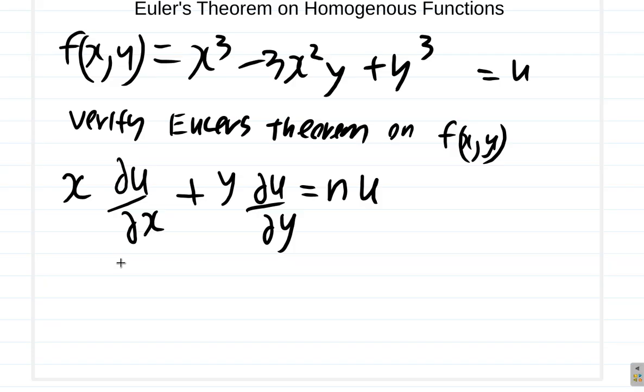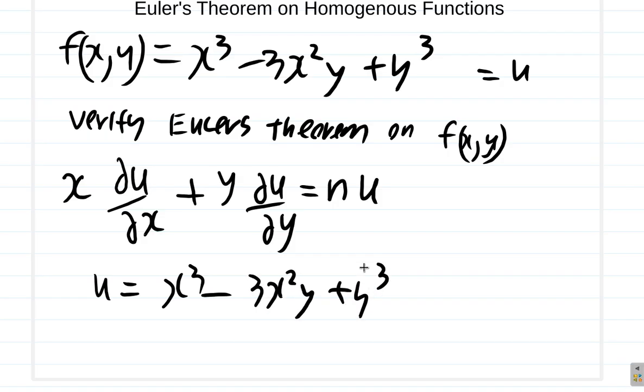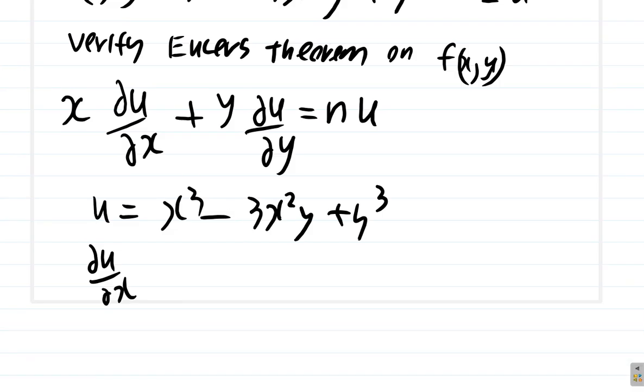Now, here we have u is equal to x cubed minus 3x squared y plus y cubed. Delta u by delta x, because we want this part, we want to find out what it is. It is going to be 3x squared minus 3 by 2, 6 x y.